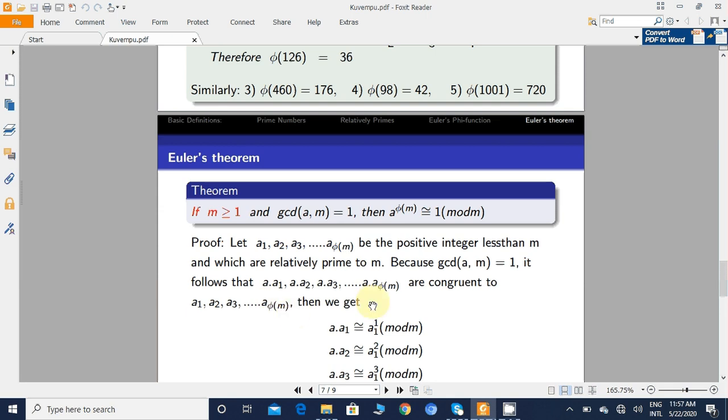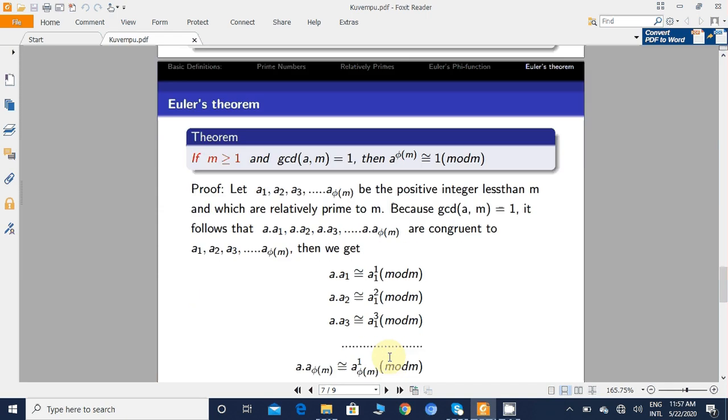Then we get, if I multiply a with a1, this is congruent to a1 dash under modulo m. Again I multiply a with a2, their product is congruent to a2 dash modulo m. Again I multiply a with a3, this is congruent to a3 dash modulo m, and so on.